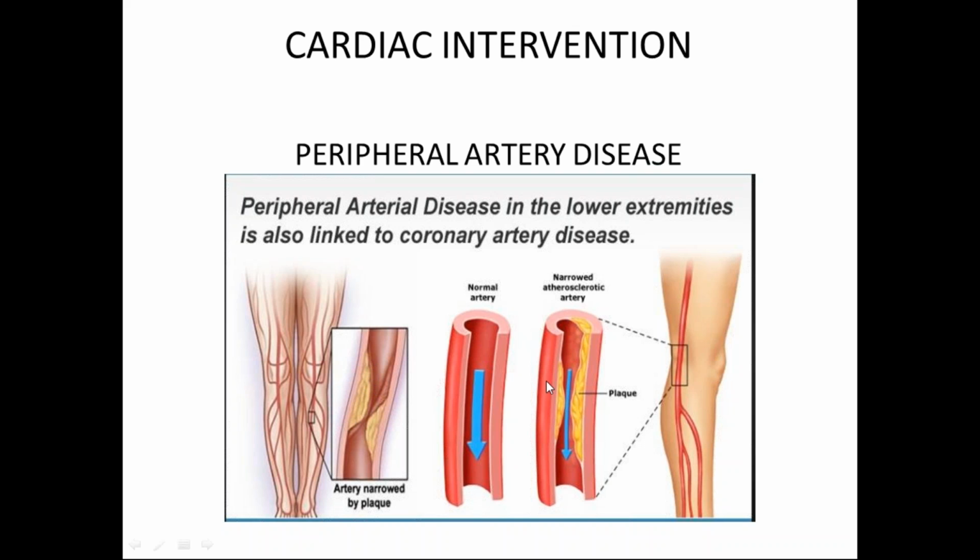Okay? So now you have obstruction. And because the tissues below the obstruction cannot get blood supply, remember, the tissues need oxygen in order to manufacture energy. And so if the tissues are not getting energy, it's going to manifest as a varying disease state.